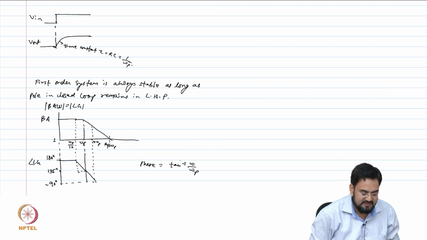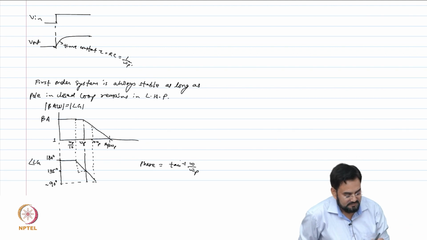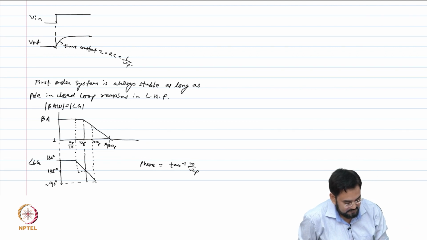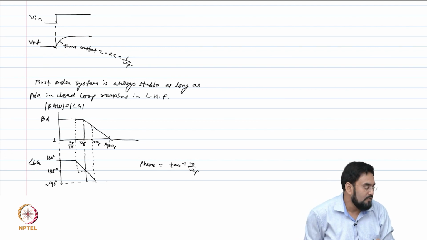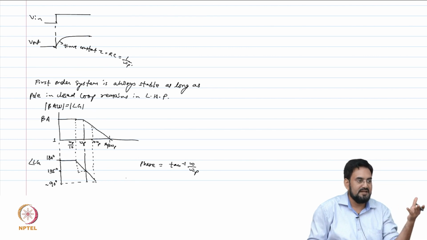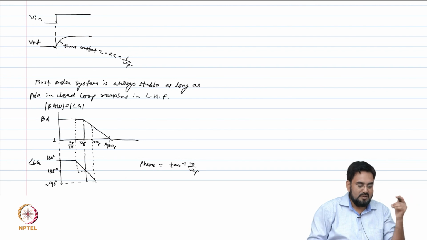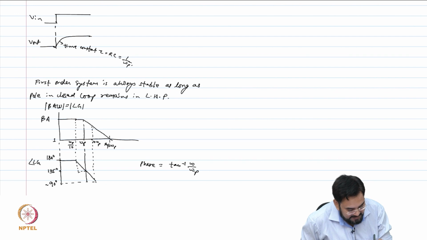That's why we say the first order system has a maximum phase margin of 90 degree. Your phase drop will never be more than 90 degree here. So when you measure the phase margin, this is your unity gain point, and your phase has saturated here.